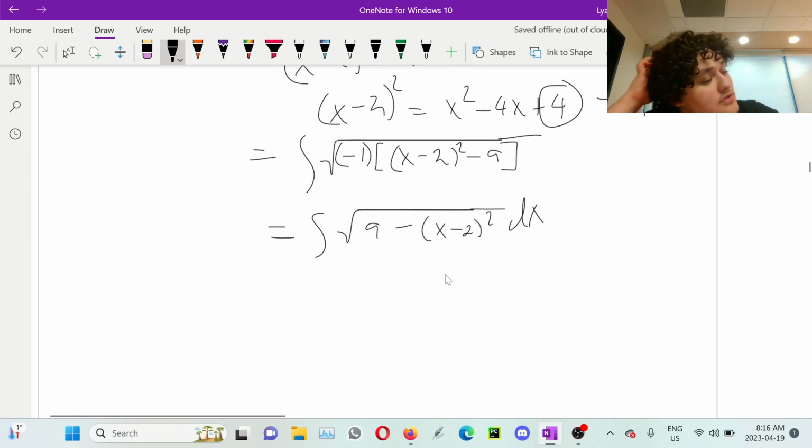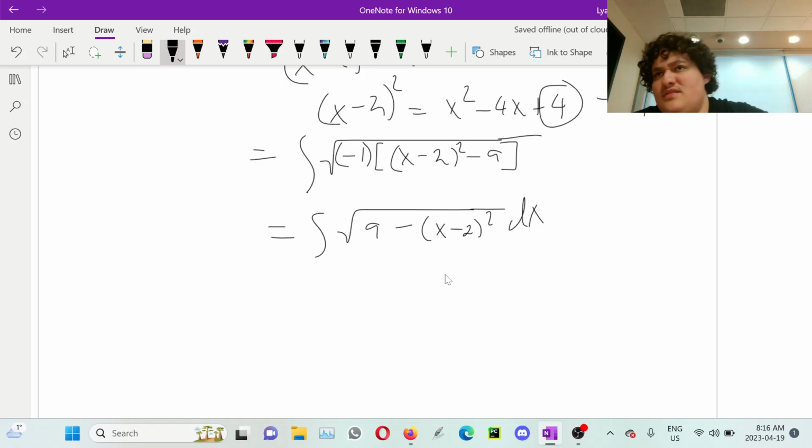Okay, so we want to get eventually 1 minus cos squared or sine squared, so we can then switch it to the other one and square root it.